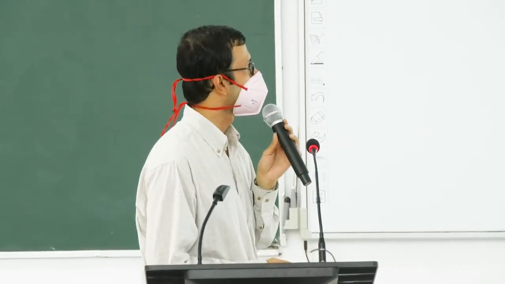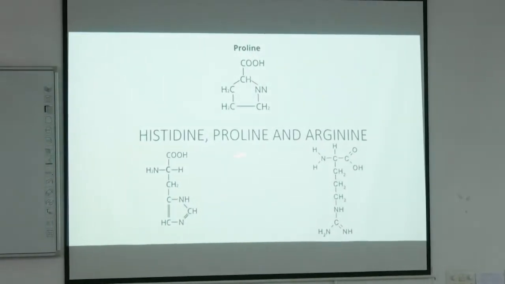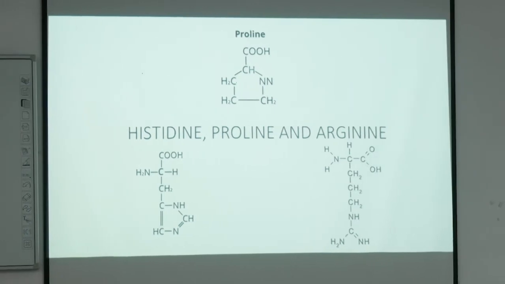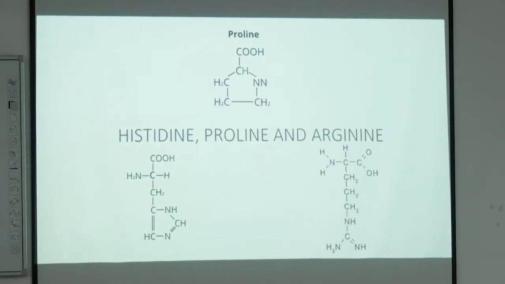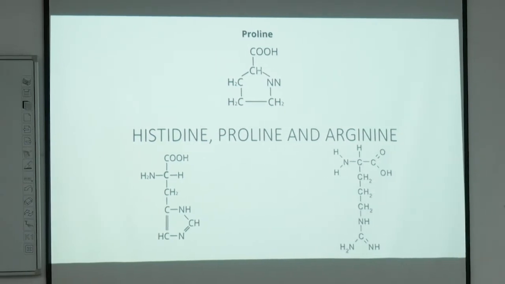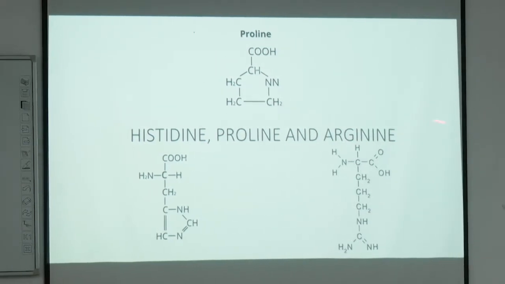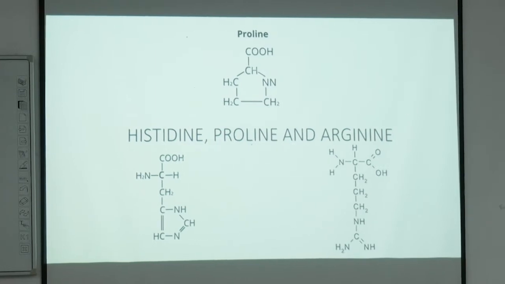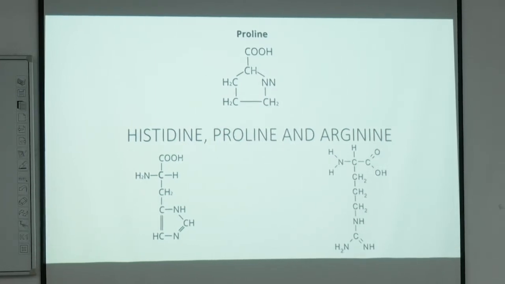So proline generally helps in the repair of our joints, skin, or the repair of the muscles. And arginine. Can anyone tell me any use of arginine or any pathway that involves arginine?